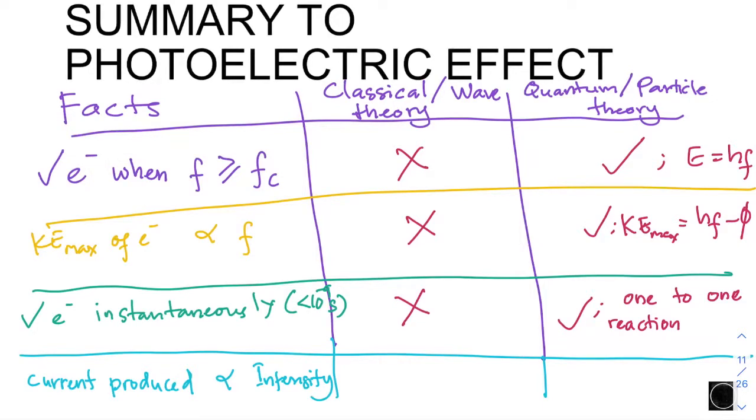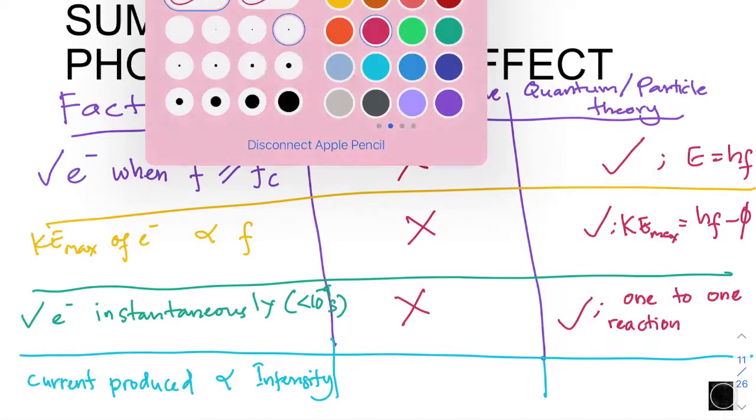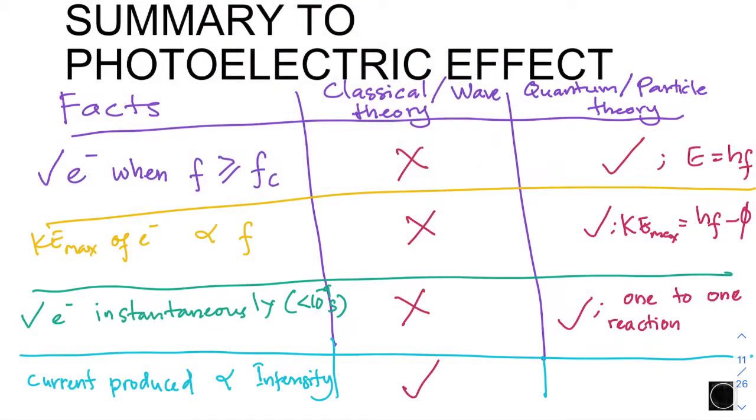So based on classical or wave theory, yes, it is agreed, it is expected like this, because the intensity represents the energy of the incident photon or light. The same goes for quantum or particle theory, where the current produced depends on the frequency, and the frequency is also directly proportional to the intensity of the incident light. So this is a summary of the photoelectric effect phenomenon.